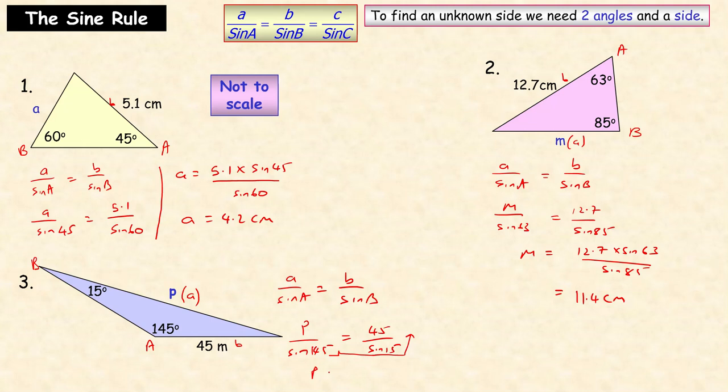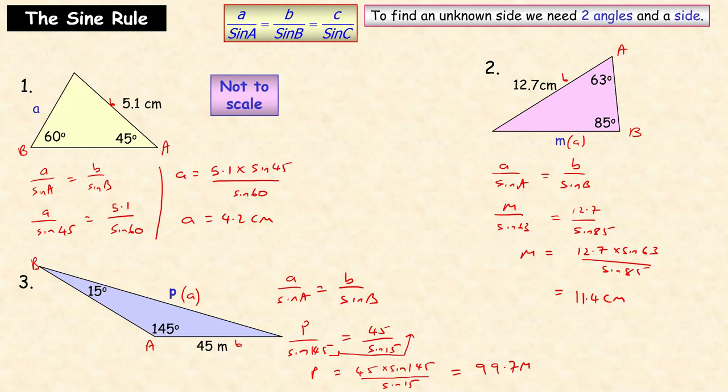So p is equal to 45 times sine 145 divided by sine 15. That gives us an answer of 99.7 meters to 1 decimal place. So hopefully you've got those.